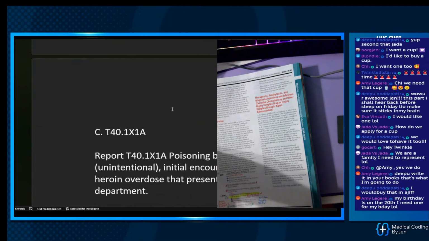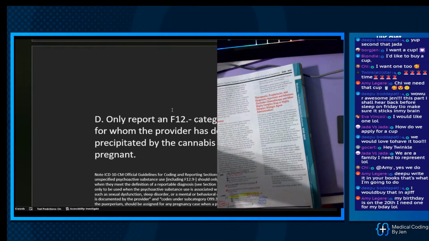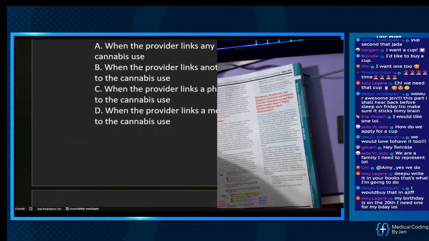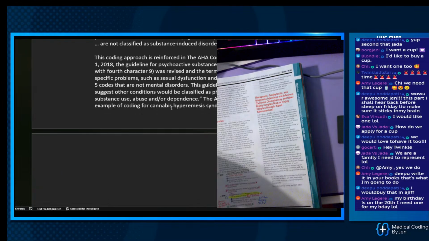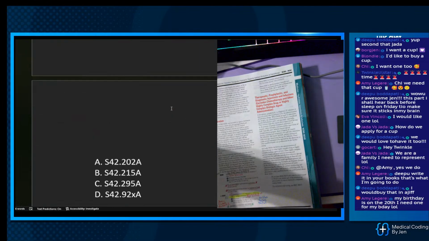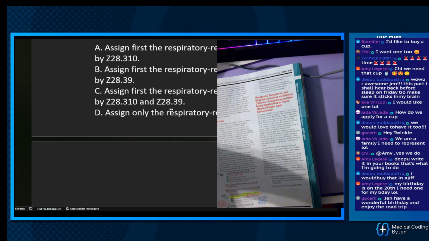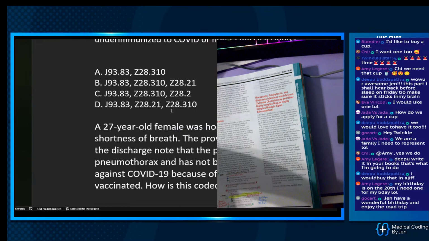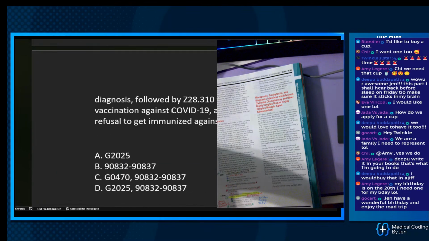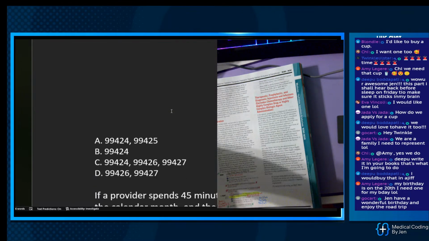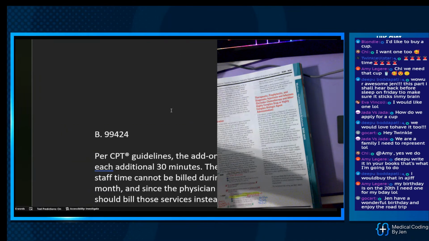I knew I wasn't going to get to them today, but let me see if I can find them. How far down did I go? But they're nervous ones. Let's see. Nope, not those. Nope.